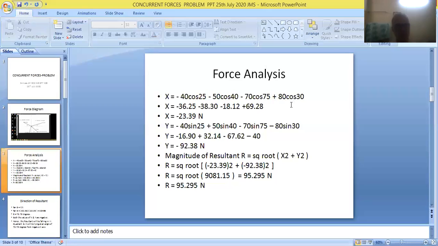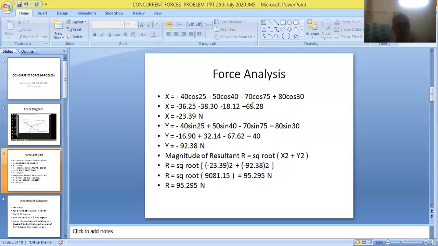Based on the directions, we have to give these symbols. Negative symbols for all these horizontal components, and a positive symbol for only this horizontal component. This is shown in forward direction, so we are allocating positive symbol. All these forces are shown in reverse direction.